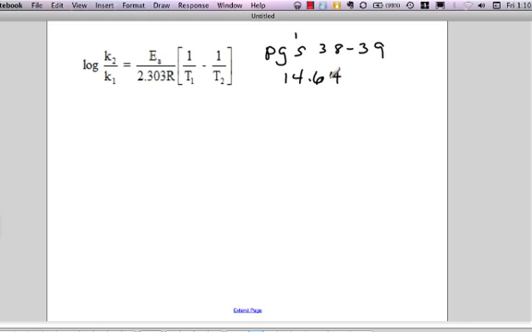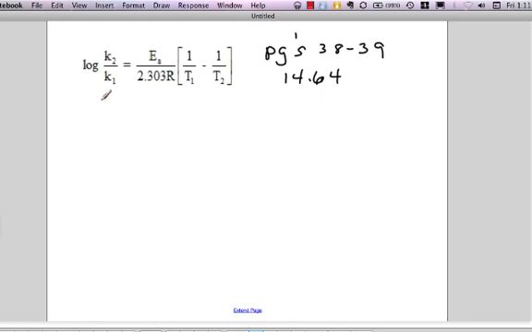And then I'm going to get into some ACS problems, and then I'm going to do more on mechanisms, and I'm going to do a combination problem with initial rates and mechanism. I'm going to revisit one of the questions, number 16, that we did in class from the practice at the end of chapter 14. And so let's go ahead and get started because we got a lot to do.